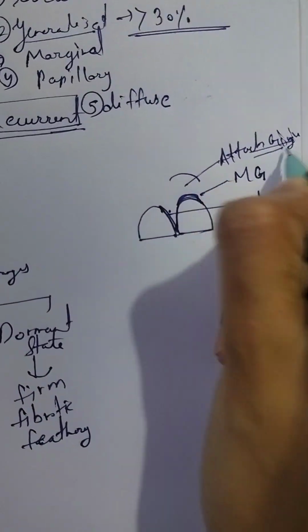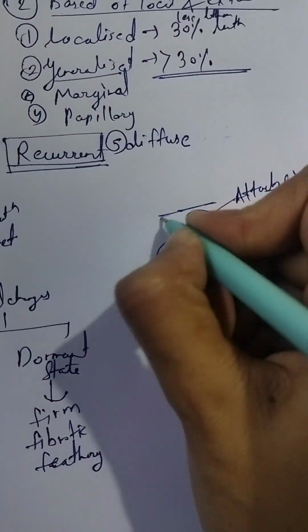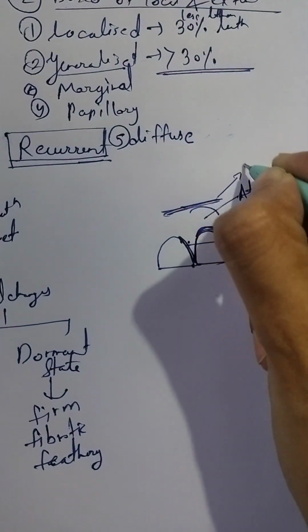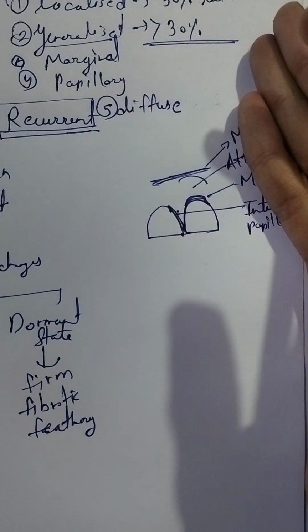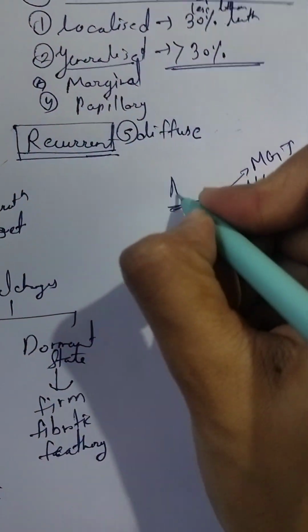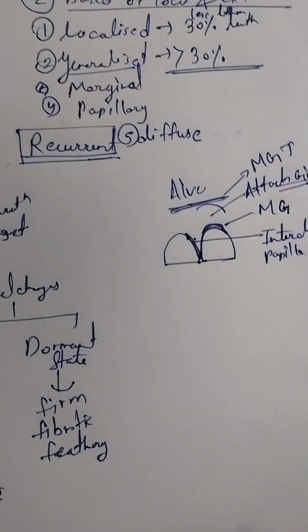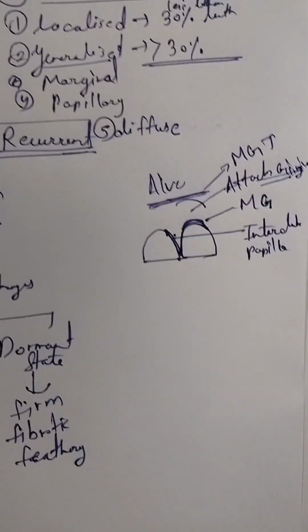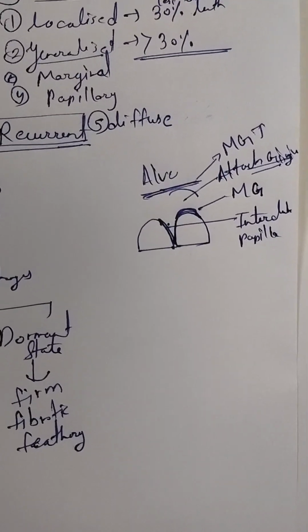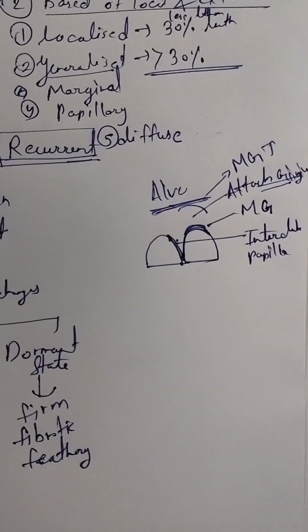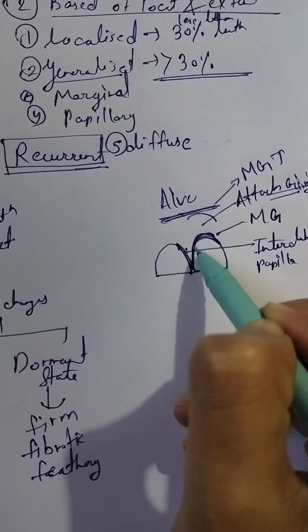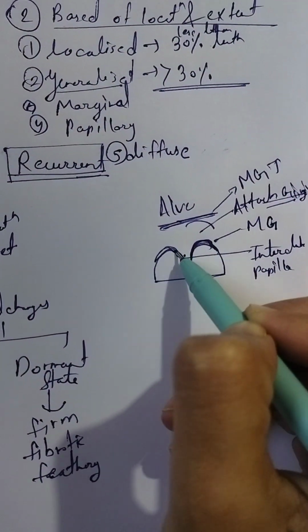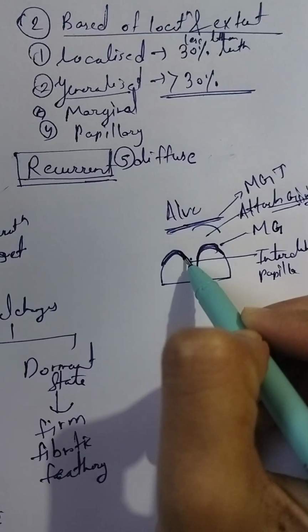Then there is a mucogingival junction here, and above that there is the alveolar gingiva. So when inflammation of the gingiva is present in the marginal region, it is called marginal gingivitis.